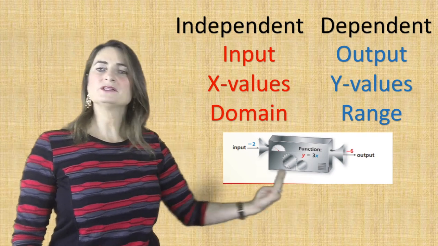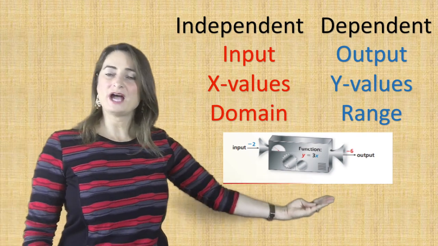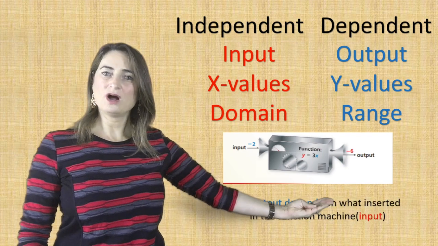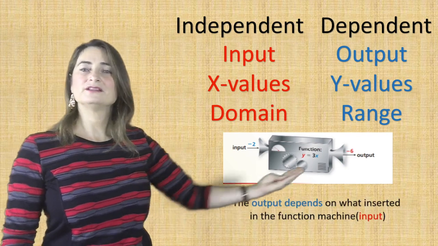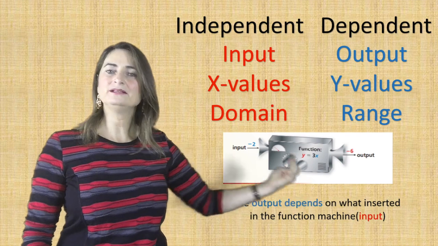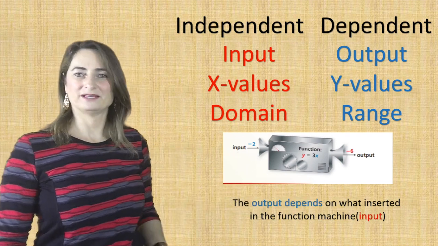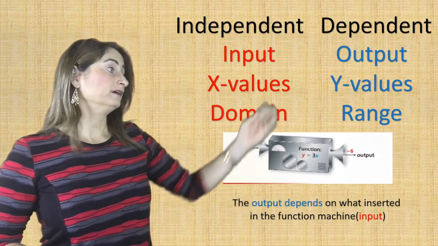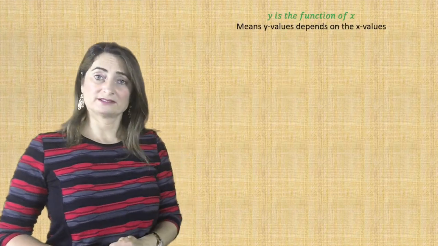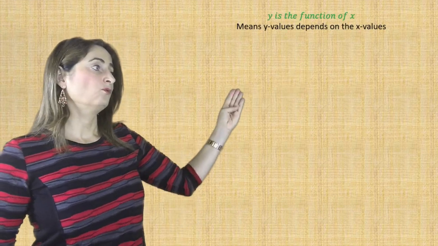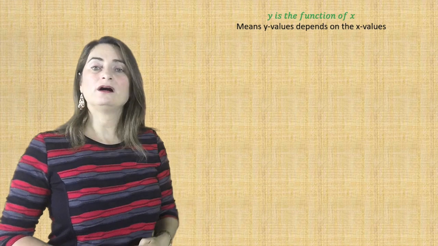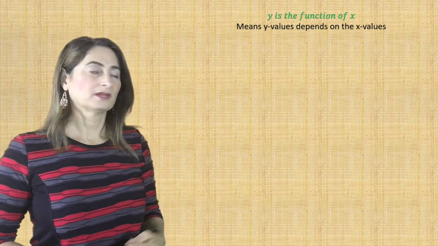The output depends on what you put in the machine, so the output is y and the input is x. The output is dependent and the input is independent. So when you hear y is a function of x, that means y values depend on the x value.